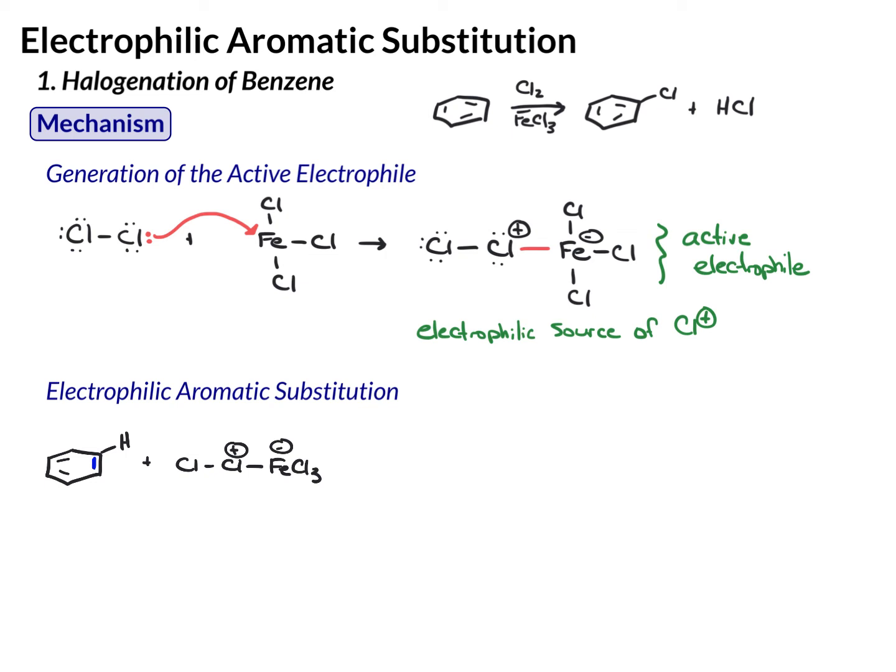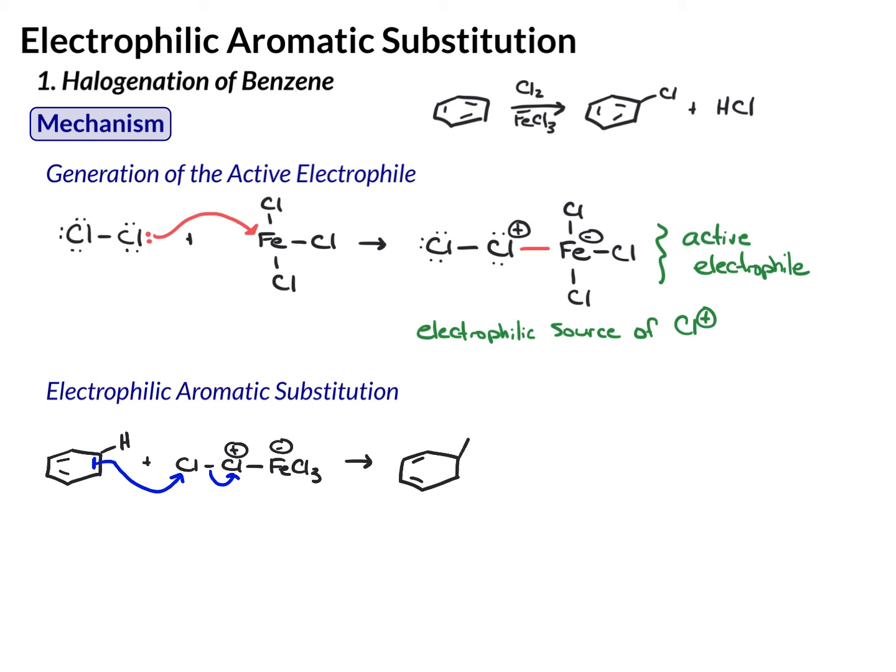What will happen instead is these pi electrons will attack this chlorine, which will in turn send those electrons over to the Cl+, making it neutral. So what do we get? We get our ring.